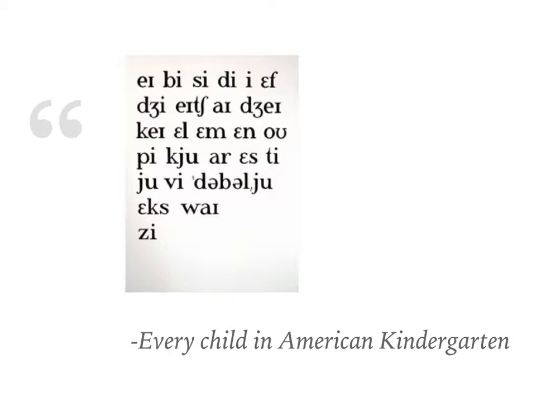Most American children learn their alphabet in kindergarten, if not before then. As you can see in this slide, the International Phonetic Alphabet indicates the sound that is made, as opposed to using English letters to represent the alphabet.